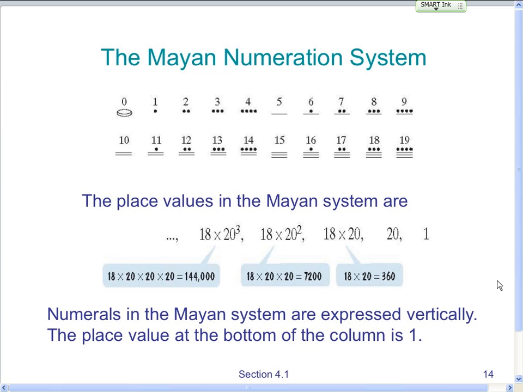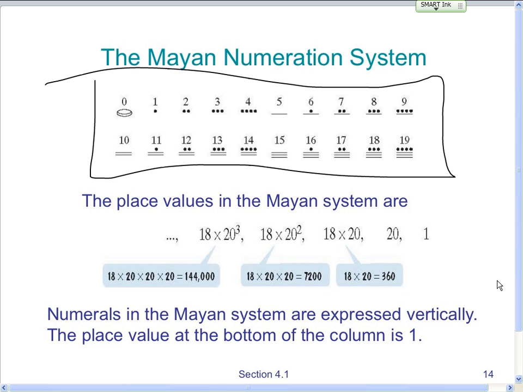And if you notice, the dots represent the quantity 1, but once we get to 5, then it becomes a stick. So if I wanted 6, that would be a stick and a dot. If I wanted 9, that would be a stick and 4 dots. 10 would be 2 sticks, or 2 5s, etc. Okay, so these are the symbols. They had 20 symbols that they used.